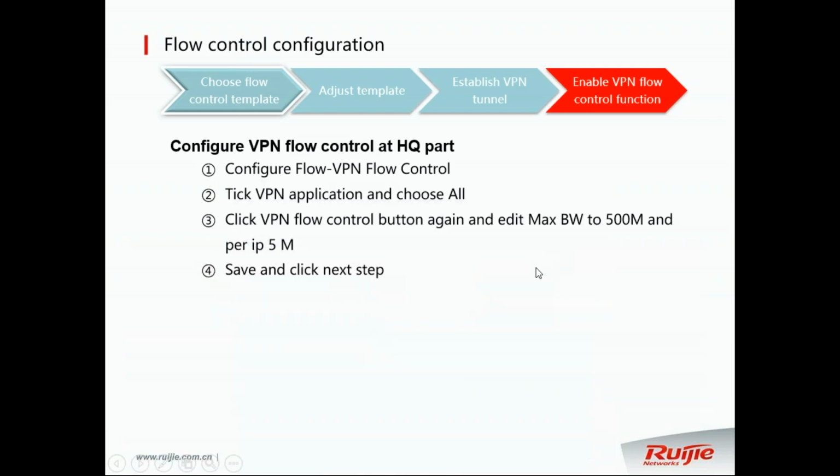And at last save and click the next step. Later you can try to test the download, and then you can check it on the header coder. You can find that the branch cannot be over the limit, because we set the limitation for it.